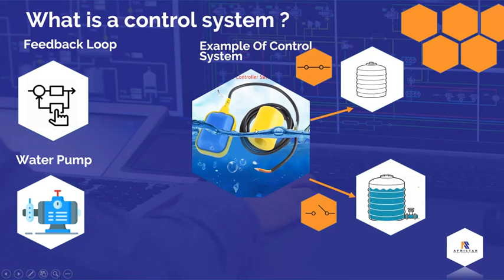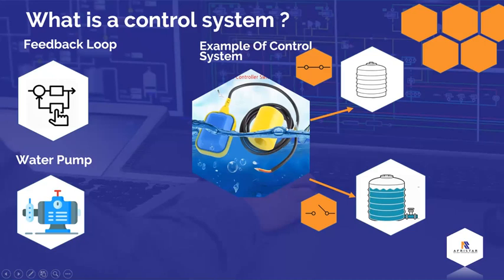The float switch is calibrated in such a way that when the liquid is almost empty, the float switch will turn on the water pump, and the water pump will pump the water until the float switch indicates the water is at almost full level.